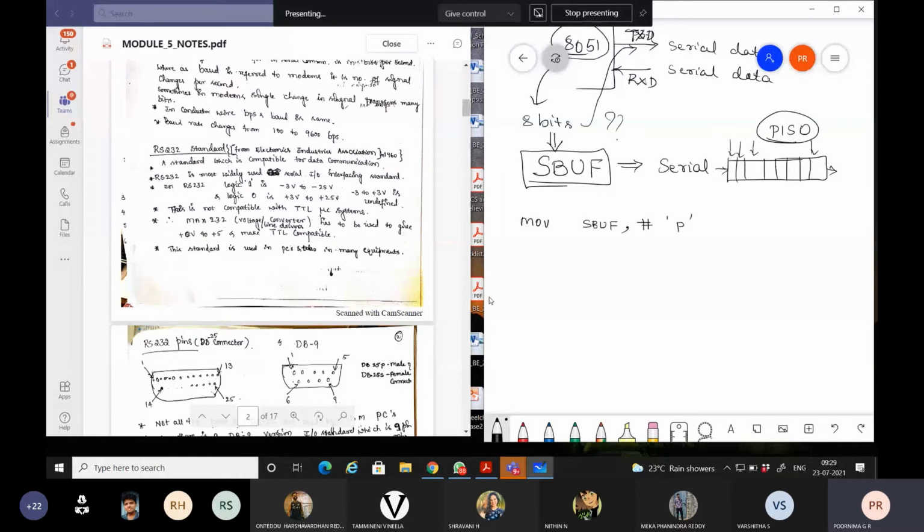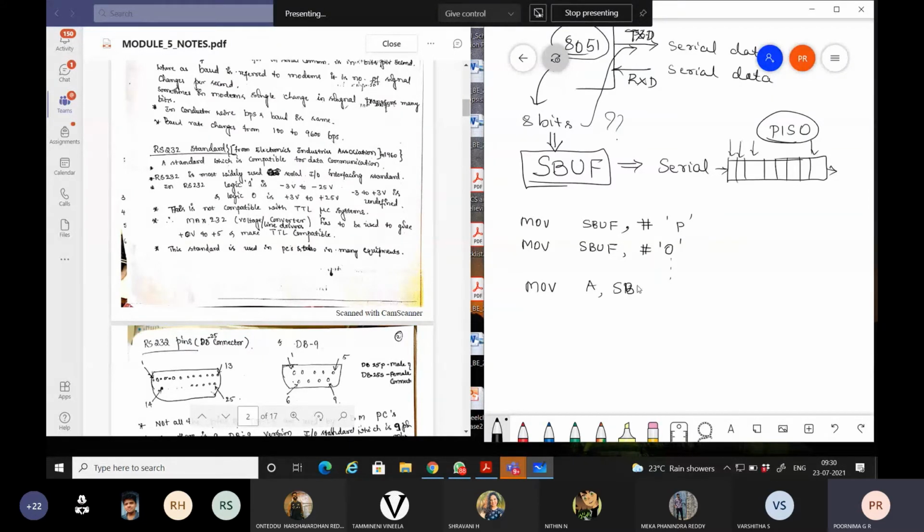Character by character, I'll place MOV SBUF, comma, the character O, which within the code represents its ASCII equivalent. Like this, all the characters I need to place, and during the transmission, MOV A, comma, SBUF.